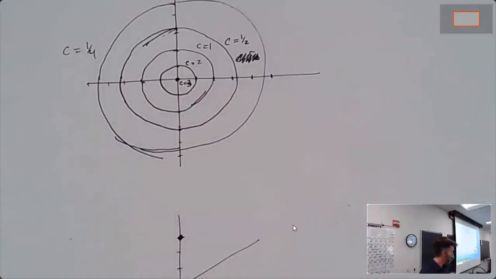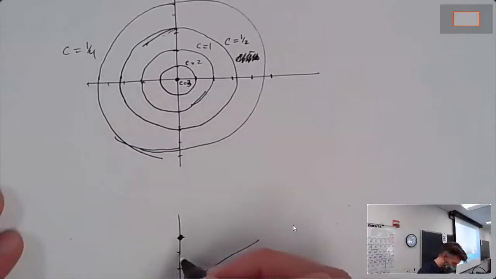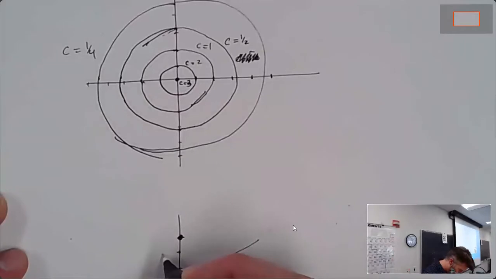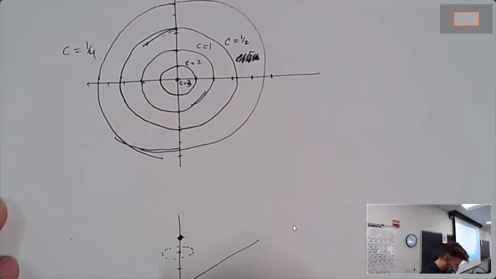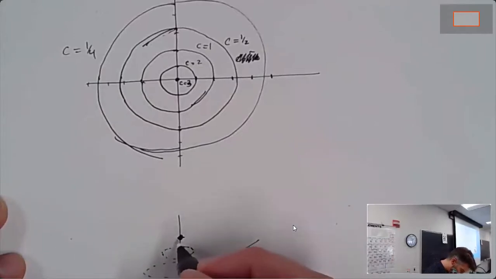C equals 3. And then as we move down, like to C equals 2, you get a circle of radius 1. As you move down to say C equals 1, you get a circle of radius 2. And it kind of does this thing like this.